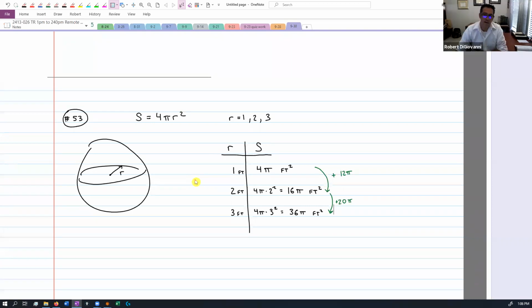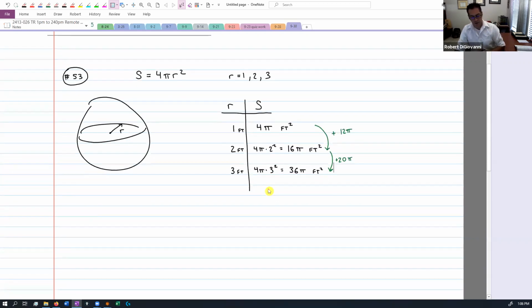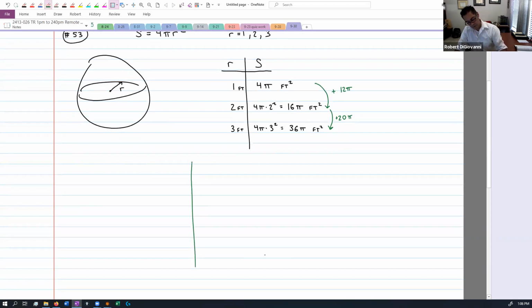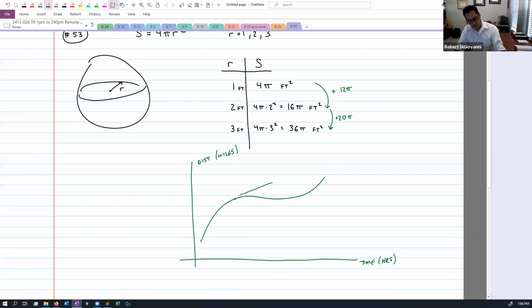Yeah, they're looking at a rate of change, right? When you look at a rate of change, let me do it this way, this might make a little more sense. Remember when we were doing the problem and we had time measured in, let's say, hours, and distance measured in, let's say, miles, and we had a graph, and we talked about the slope of the tangent line.